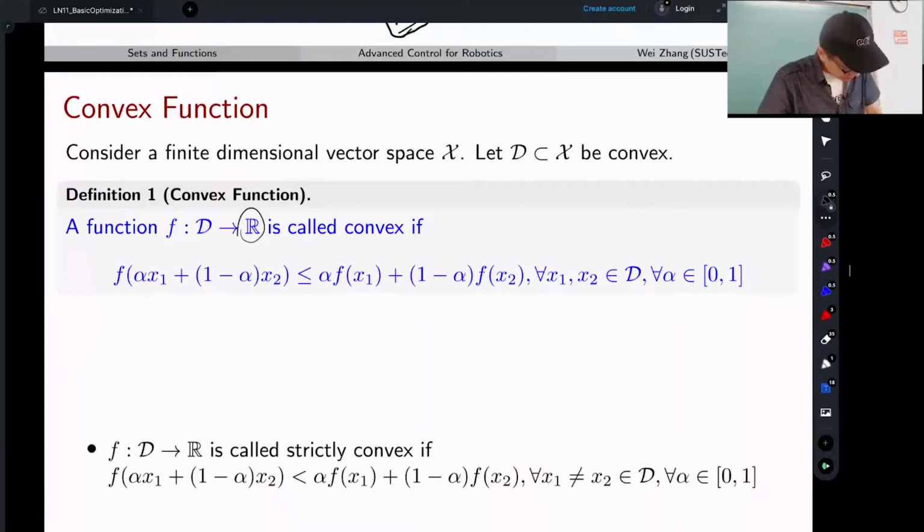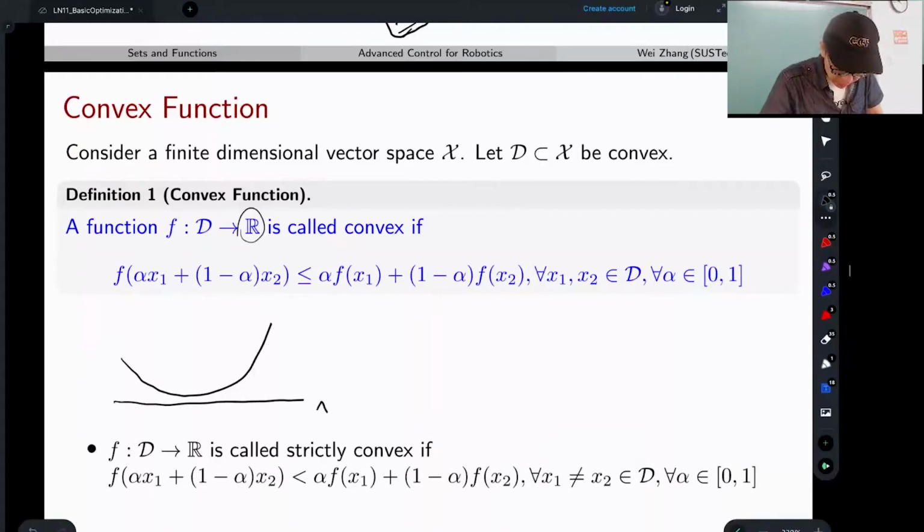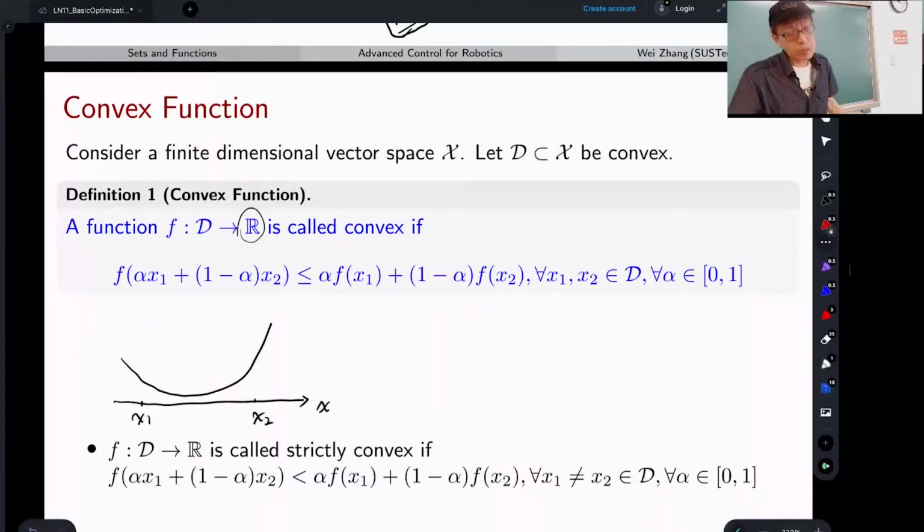Roughly speaking, let me draw the figure. This is my x line. Maybe I have two points, x1 and x2. By looking at this function, you should be able to tell intuitively that this is a convex function.